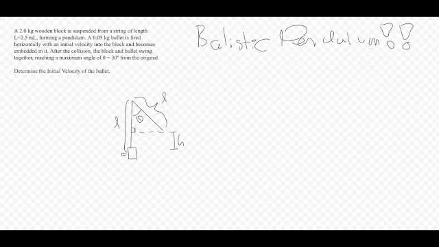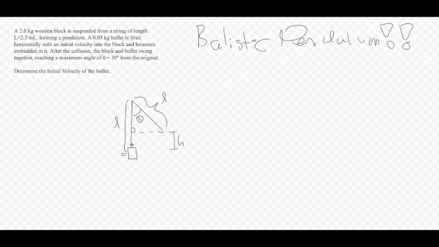Here is more of a physics representation showing the length of the string suspending the block and the bullet. The length then switches to being the hypotenuse of this triangle.